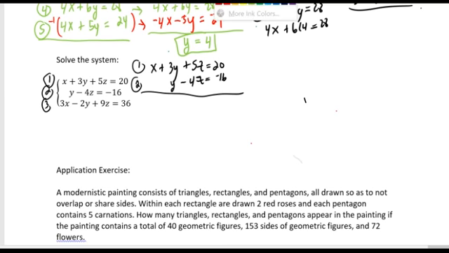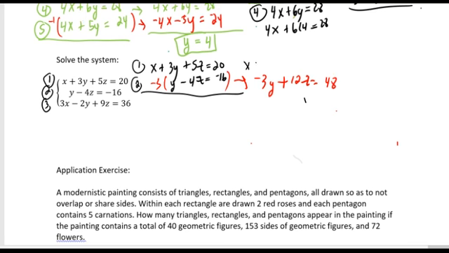So I'm going to multiply this equation by a negative 3. So this would become negative 3y plus 12z is equal to positive 48.